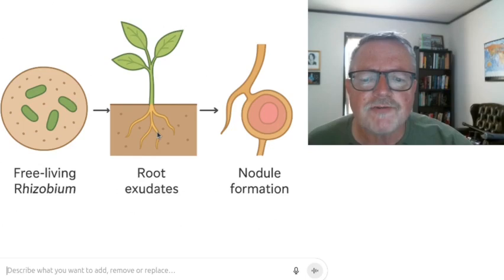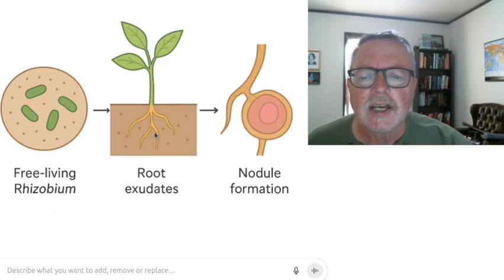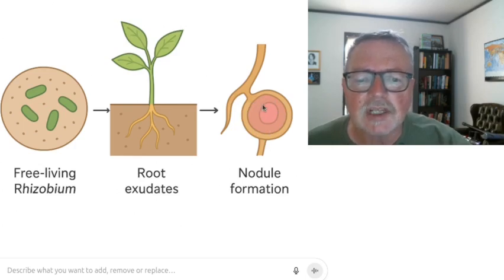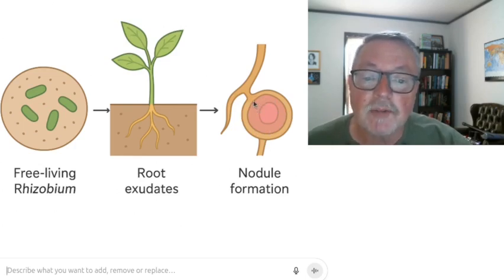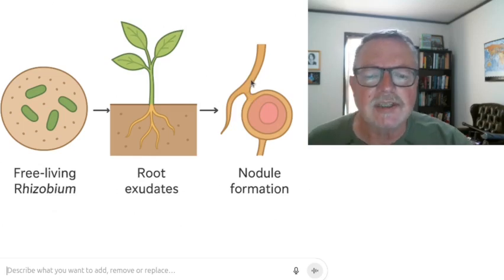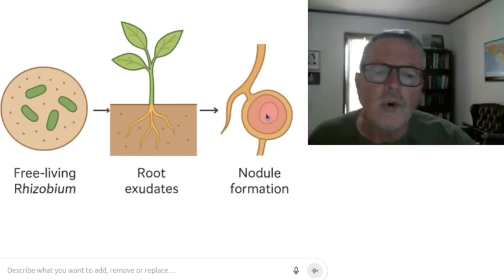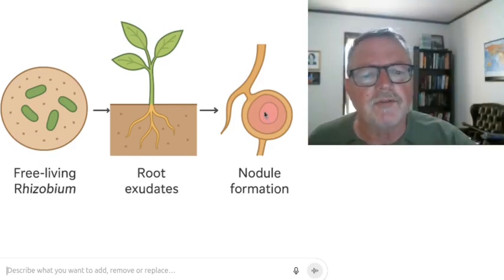But when we infect the root with this bacteria, it actually infects it, but in the process of infecting it, it creates this nodule, and then magically we can produce some ammonium ions that can be attracted into the cell wall of the plant. That's a little hard to see from this illustration, so let's go on to another illustration and see more of the chemistry of this whole thing.